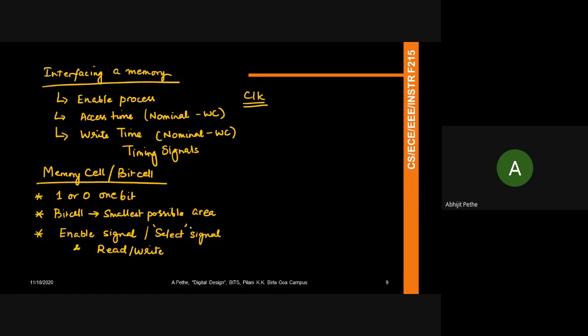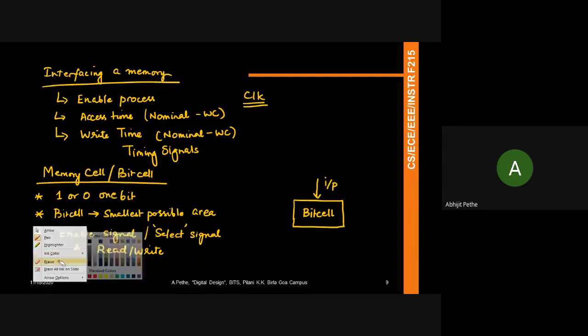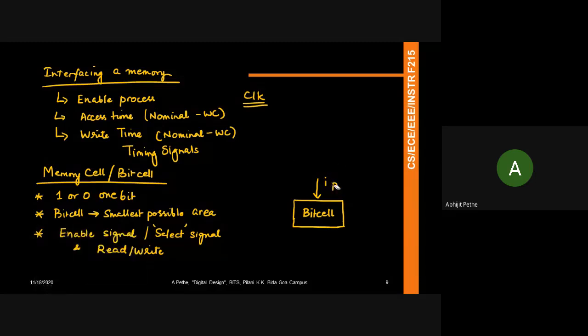Right? So if you think of the smallest block diagram of the bit cell, again, I'm not going to go into transistor level design of the bit cell. But the bit cell essentially is made up of one bit input, right? Or let me change the orientation so that I keep it in line with your textbook. Okay. So your bit cell has a select line, right?